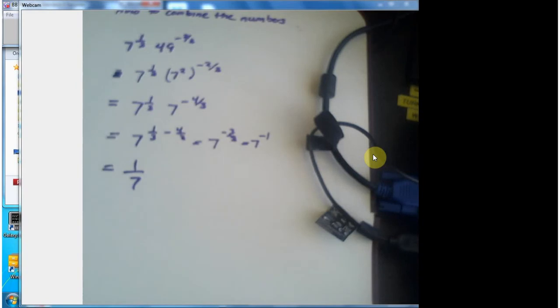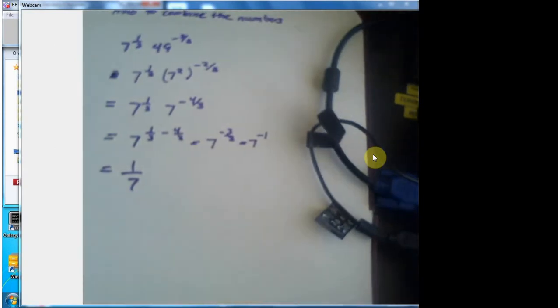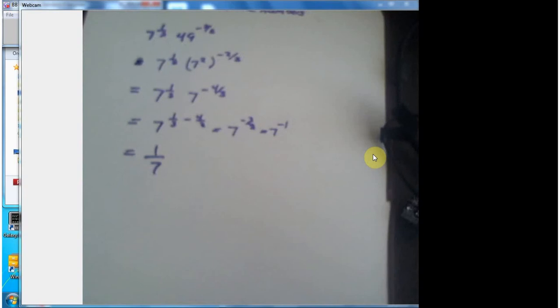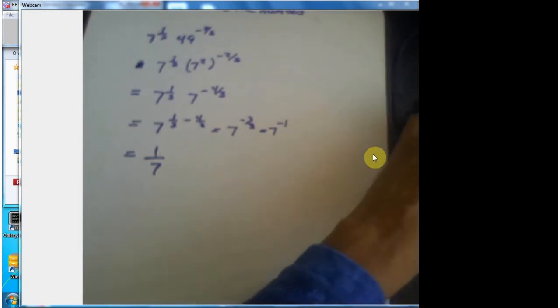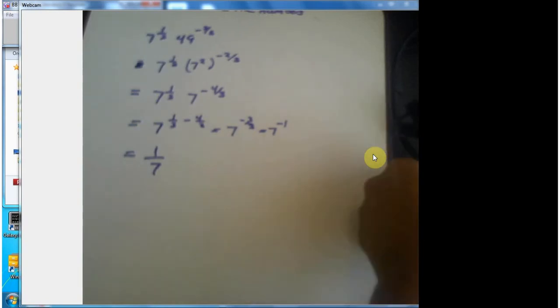You know, this thing, maybe I can move it away from that. I hate pushing this in too tightly because then I feel like it's damaging my computer.